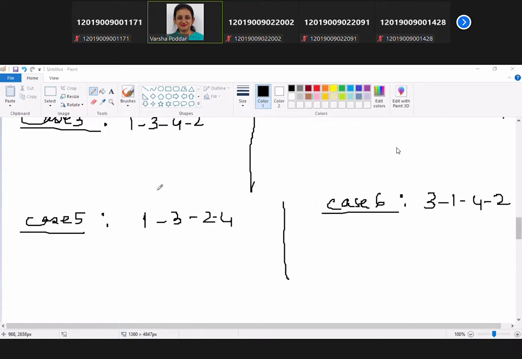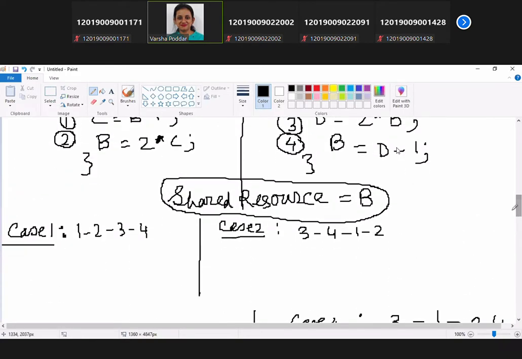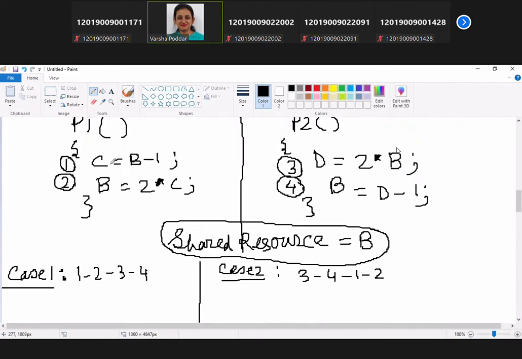Now see how the value of the shared variable is becoming different. Now if I go by 1, 2, 3, 4, suppose the initial value of B is 2. So if I go for case 1, C equals to B minus 1, that means 1.